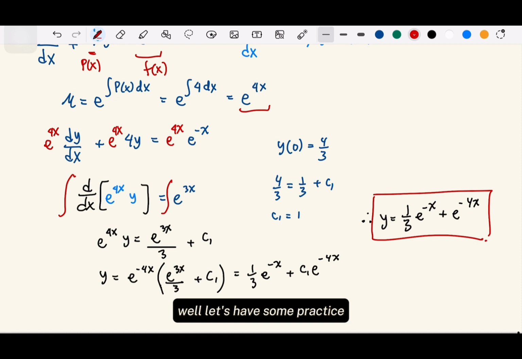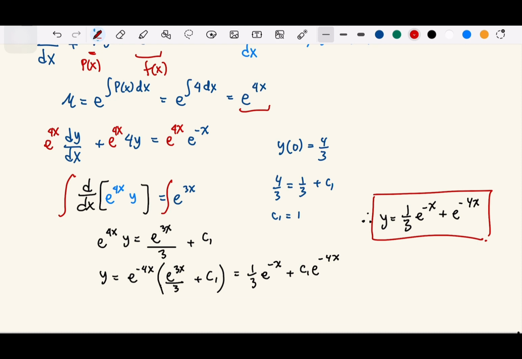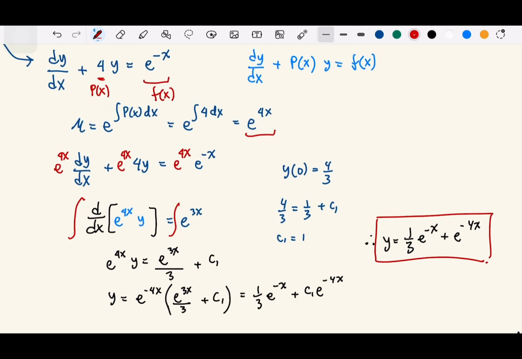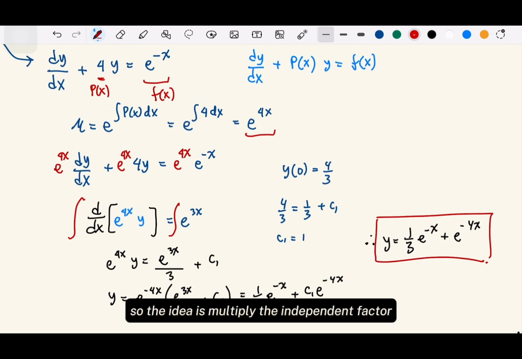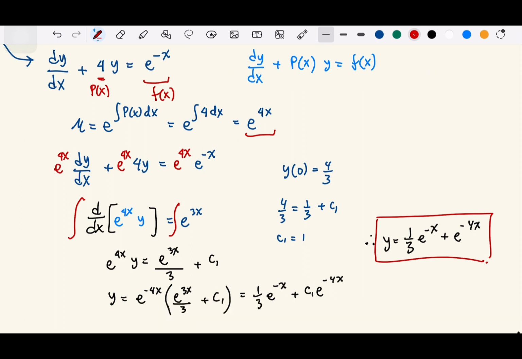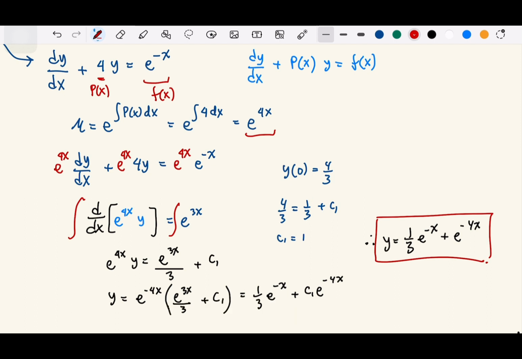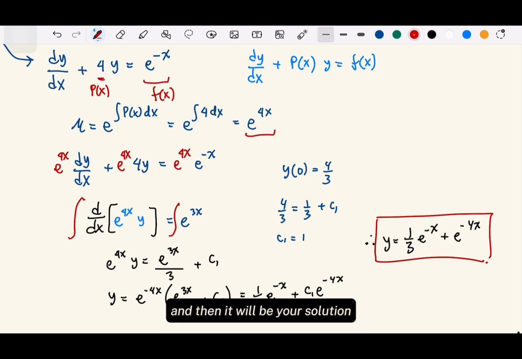Okay, let's have some practice, to get used to this method. So the idea is to multiply by the integrating factor, and then find the expression whose product rule derivative gives you this linear equation multiplied by the integrating factor, then take integrals, and that will be your solution.